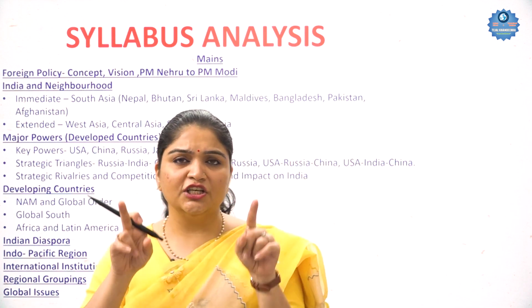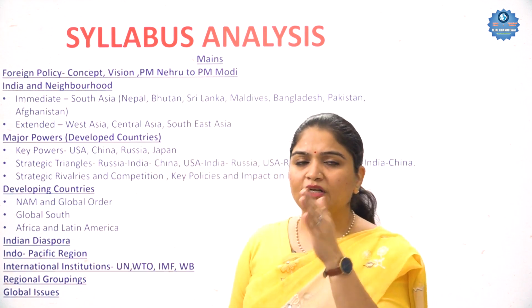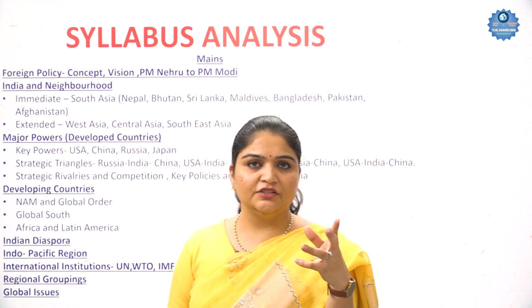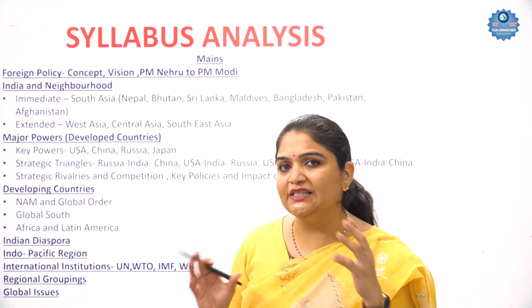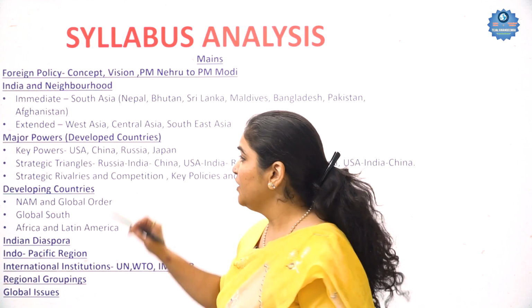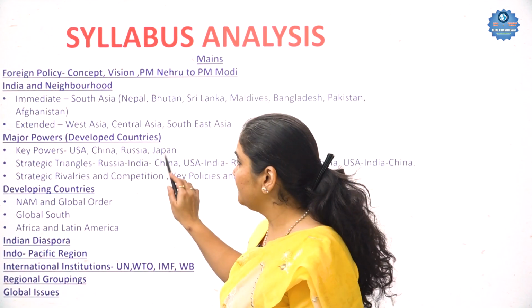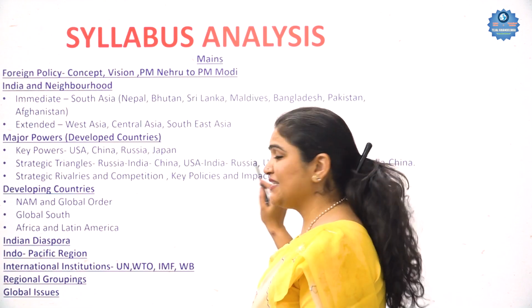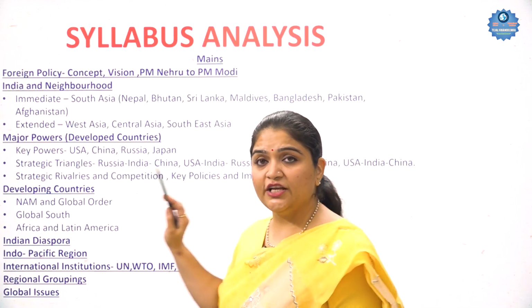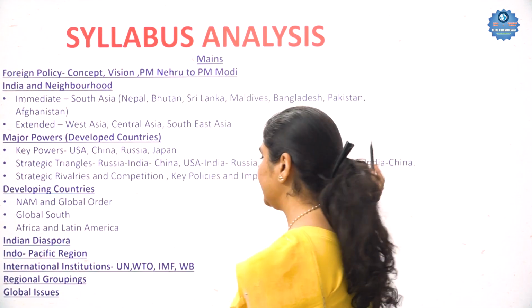How are the relations among these three players? What is the impact of the bilateral relationship on the third partner, or how the third partner is influencing these two bilateral partners? Which means the strategic triangle of Russia, India, China. What is the challenge? What is US, India, Russia, USA, Russia, China, and obviously USA, India, China.